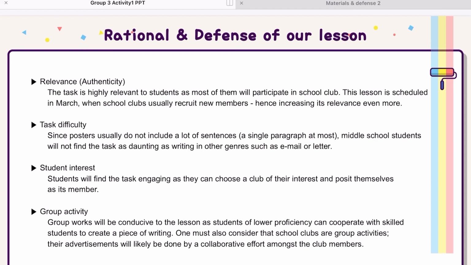Last but not least, number four, group activity. We expect that group work will be conducive to the lesson as students of lower proficiency can cooperate with skilled students to create a piece of writing. So in this regard, students will be able to learn how they can collaborate with one another.